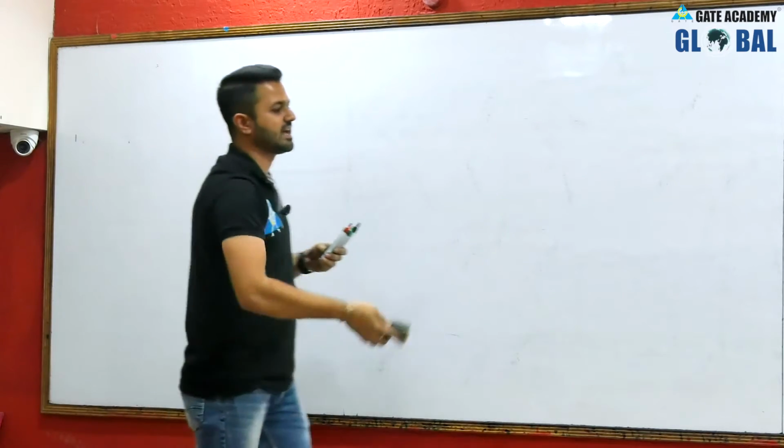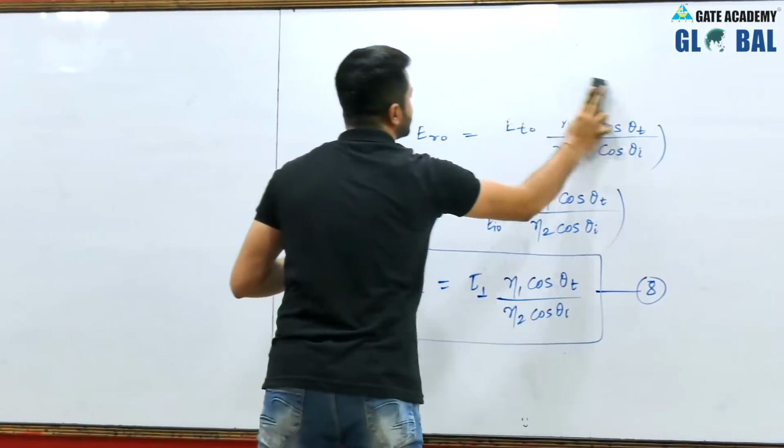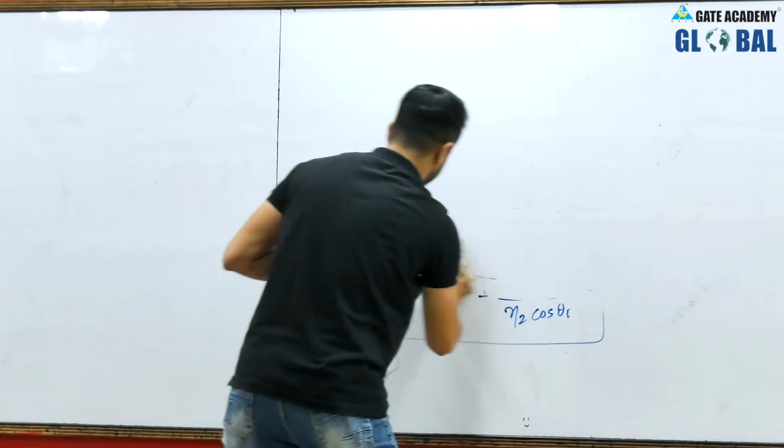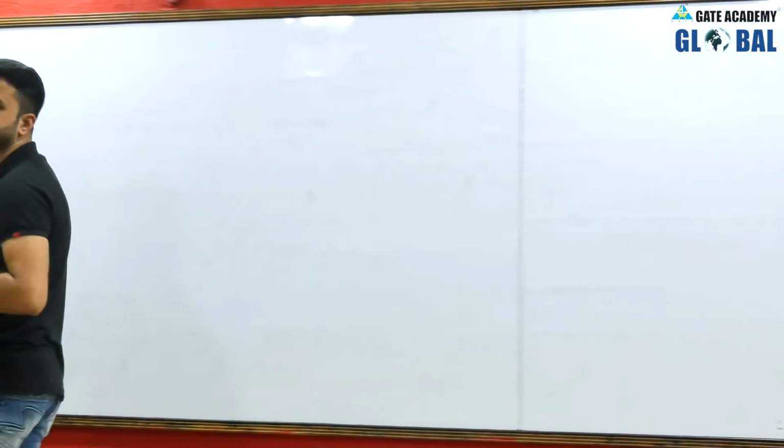So what is the Brewster angle? We know the Brewster angle is defined as the angle of incidence for which the reflection is 0. So the reflection coefficient becomes 0 at which angle?